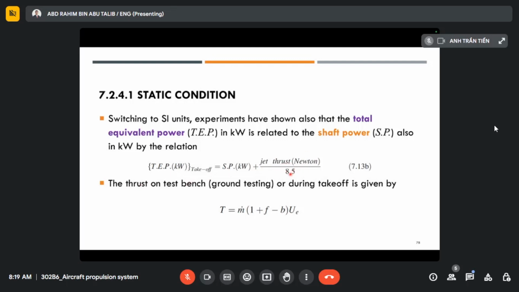Because 8.5 is equivalent to 2.6 pounds, which is equivalent to 1 shaft horsepower.